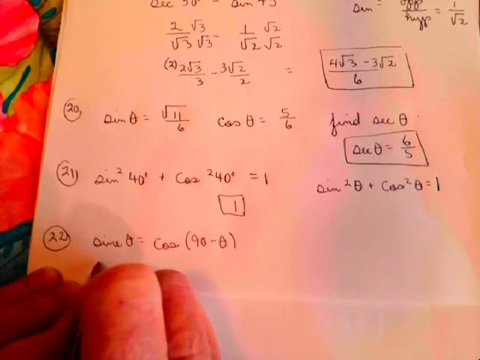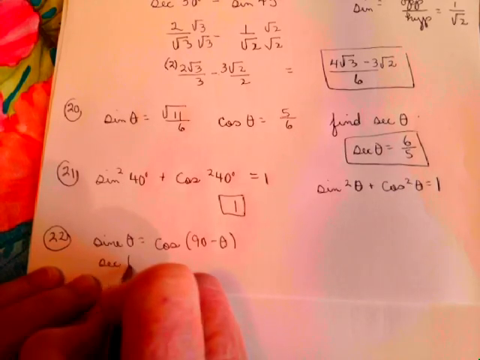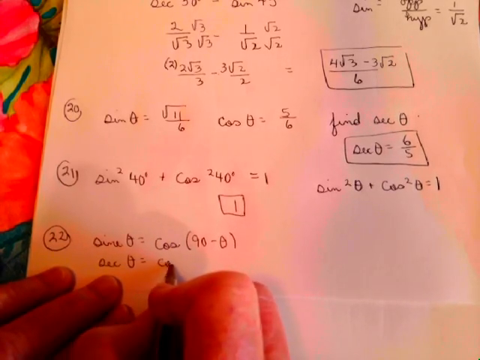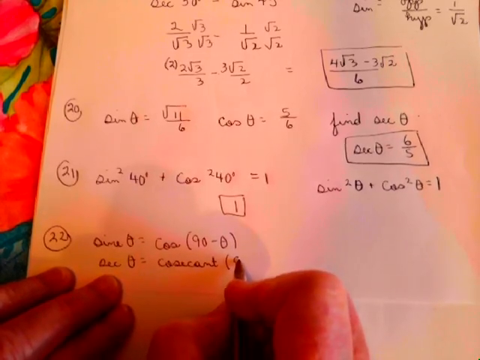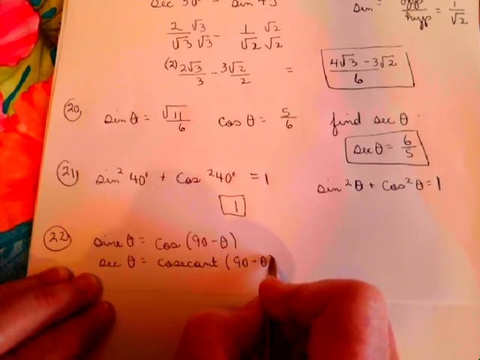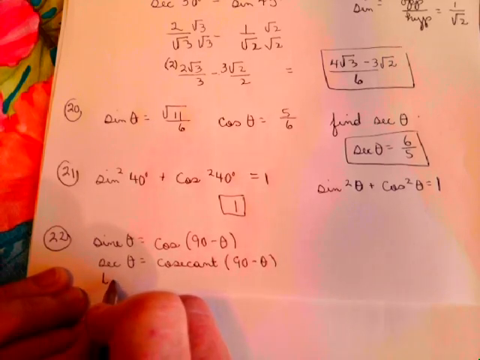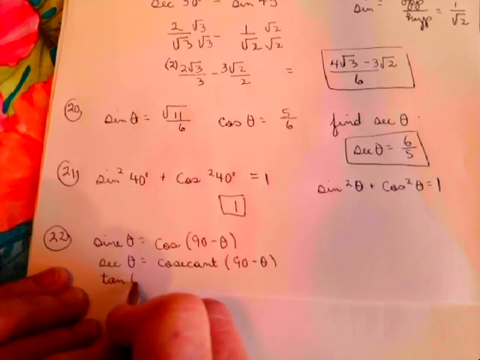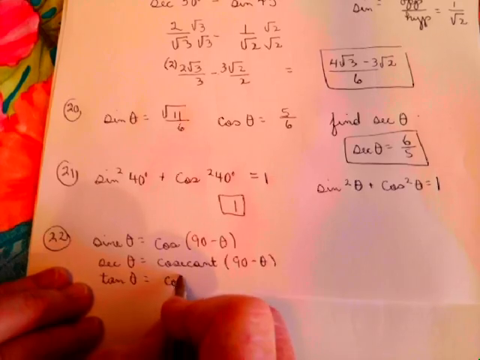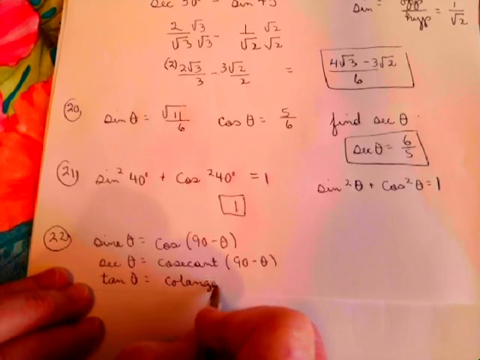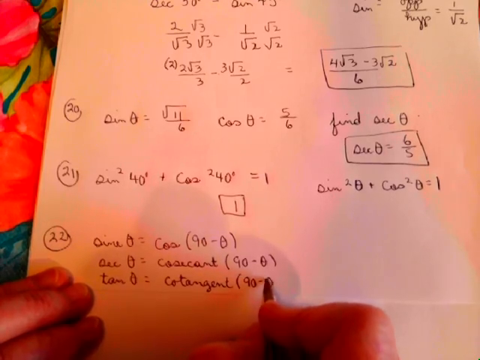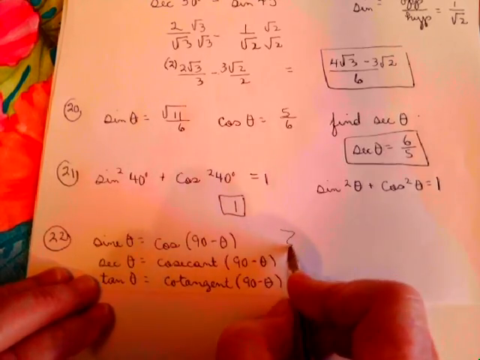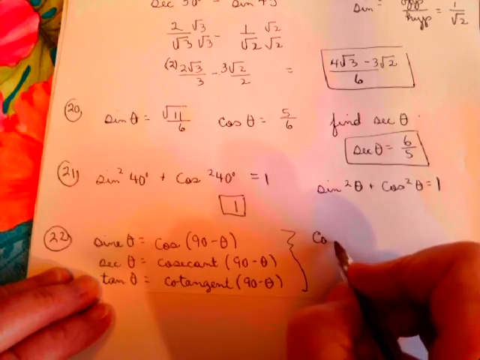We said that secant of theta equals the cosecant of 90 minus theta. And we said tangent of theta equals the cotangent of 90 minus theta. These are all cofunctions.